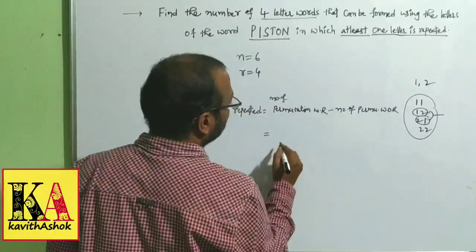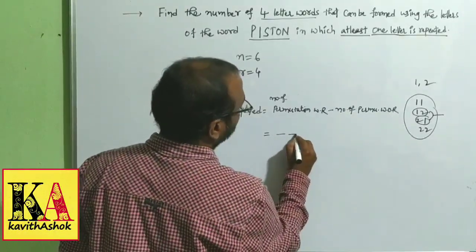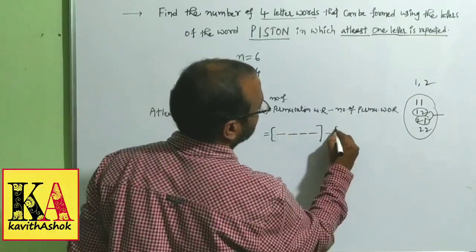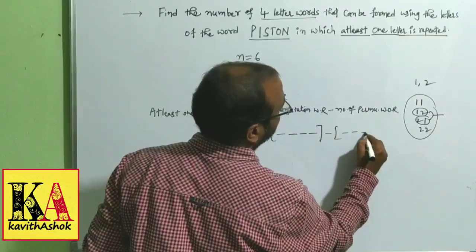So then we already know here 4-letter word in the sense 1, 2, 3, 4. Minus again 4-letter word in the sense 1, 2, 3, 4.